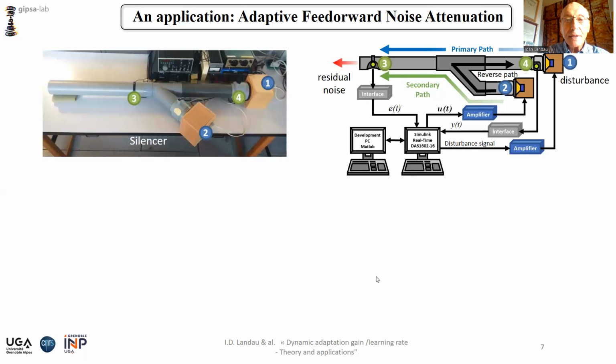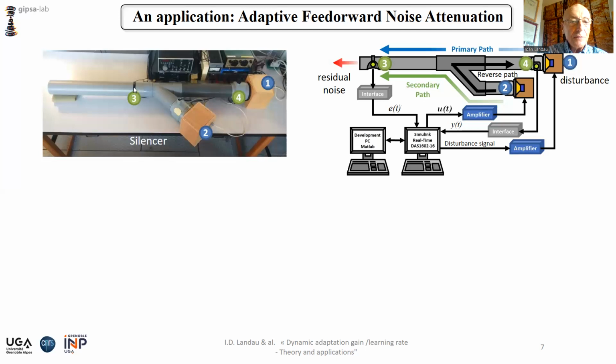We'll start with an application in adaptive feed-forward noise attenuation, where we are considering a silencer, which is a device introduced in a pipe circuit in order to reduce the noise. Specifically, here the noise is generated by a loudspeaker. At the entrance of the silencer, there's a primary microphone, which provides information about the incoming noise.